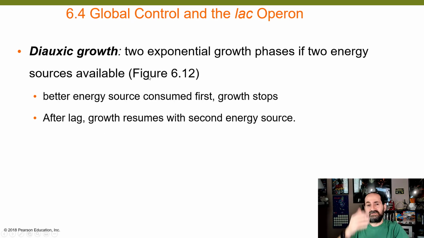So let's say the cell has 2 different sugar sources, or 2 different carbon sources. Which one is used first? The bacteria have preference over sugar sources. They will use the better energy source first, and once growth stops, after a lag period, the microorganism will consume the second source.